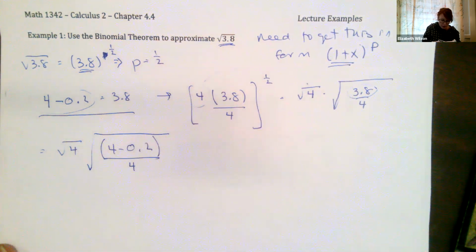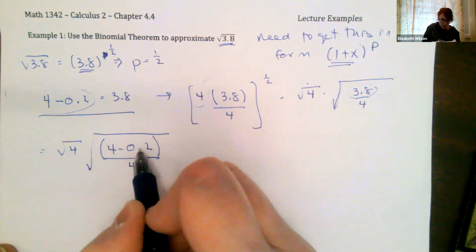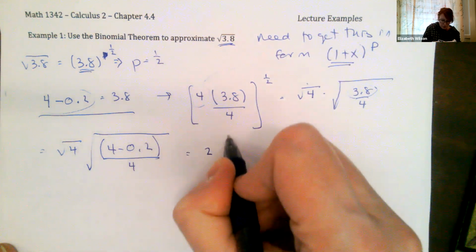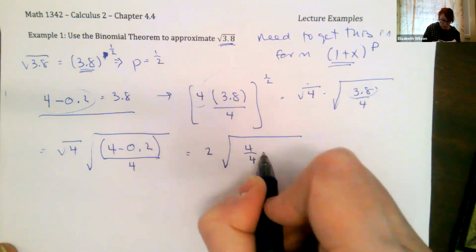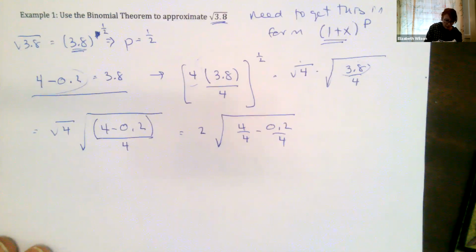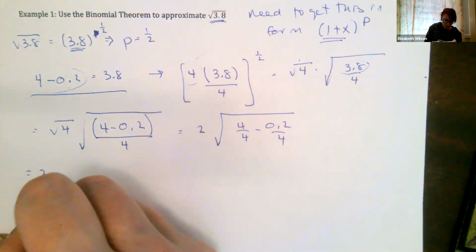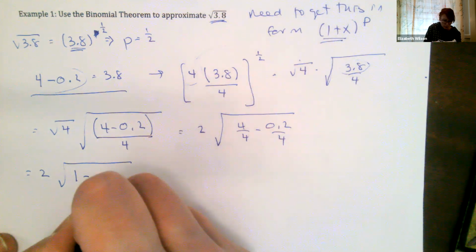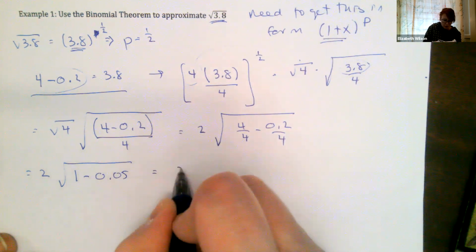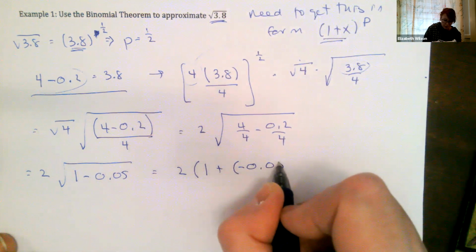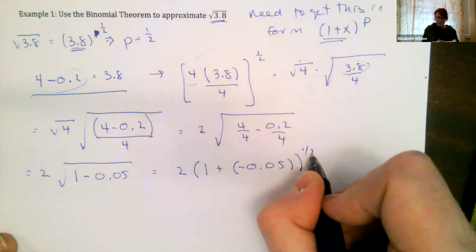Now I can distribute the 4 to both terms, and I'm going to convert this radical 4 into a 2. So this is going to go 4 over 4 minus 0.2 over 4. And now I've got 2 radical 1 minus 0.2 divided by 4, which is 0.05. So this becomes 2 times (1 plus a negative 0.05) to the 1/2.